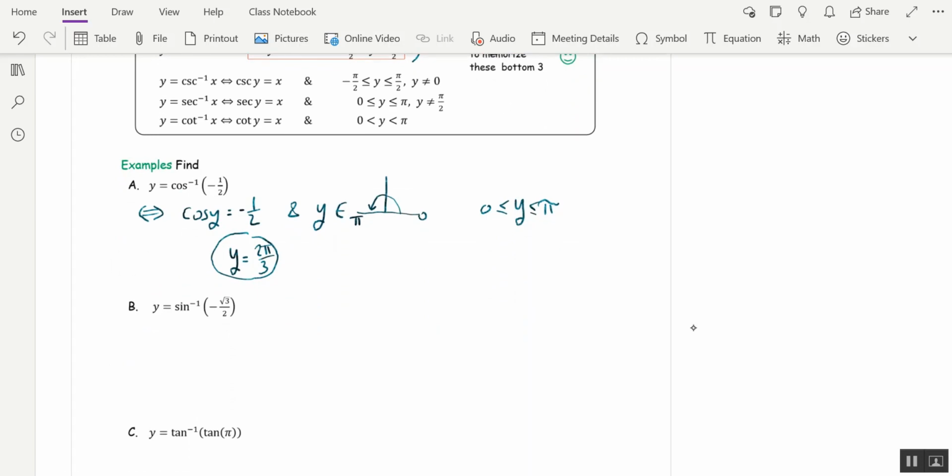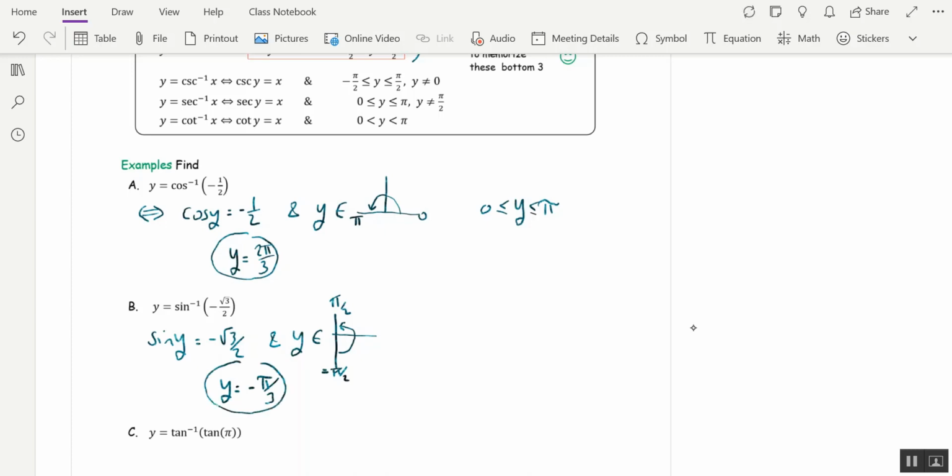Maybe you should pause the video and do the next two. Hopefully you did that. This next one, we take sine of both sides. Sine of y is -√3 over 2, and y has to be an angle between -pi over 2 and pi over 2. Well, that narrows it down. y is -pi over 3.